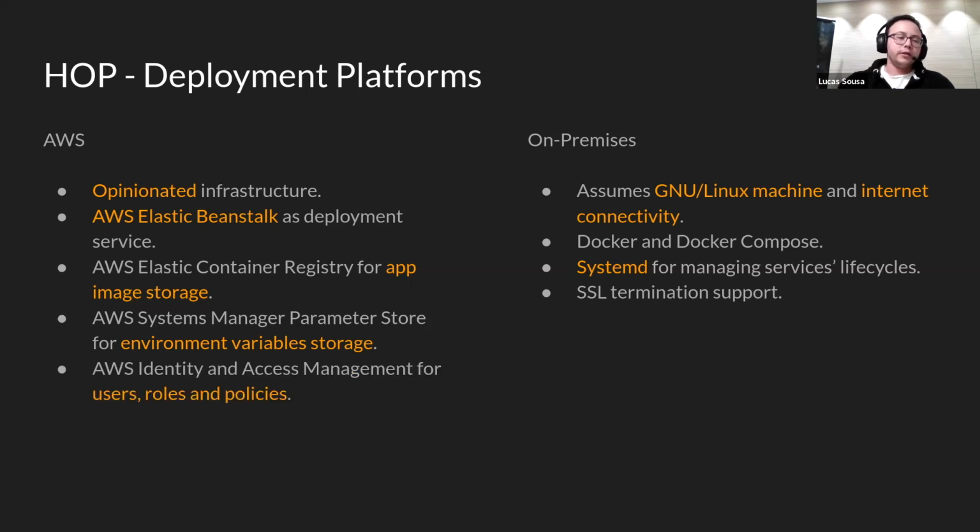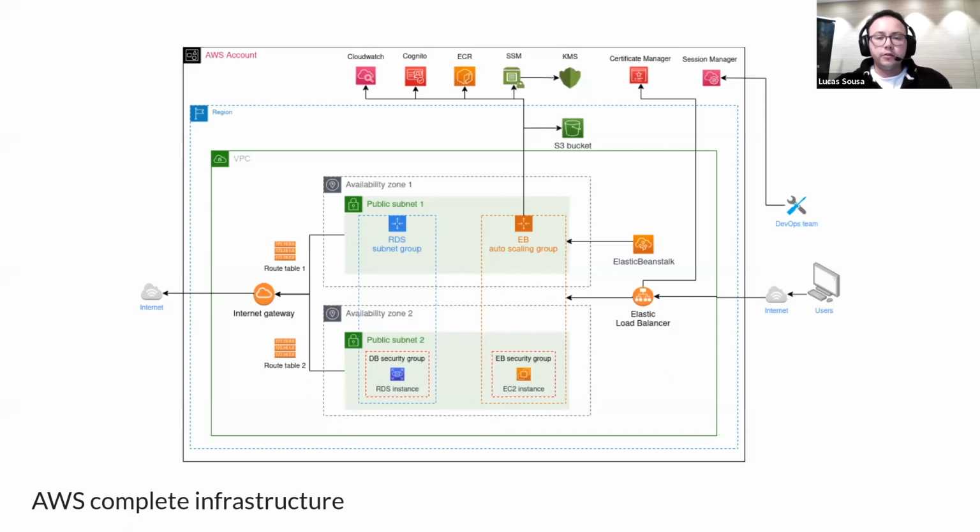And of course, another essential service is Identity and Access Management for all the security considerations about users, roles, and policies, so you can have control over the resources your development environment and the production environment access. And there are more services. I mean, these are not all the services that Hop has available. This is a diagram, which is actually in our documentation as well, if you want to look at the reference.